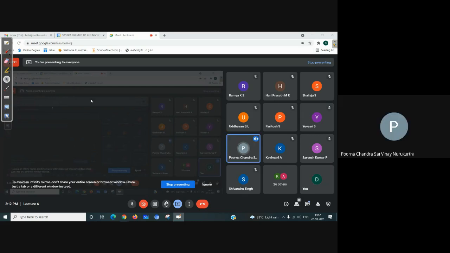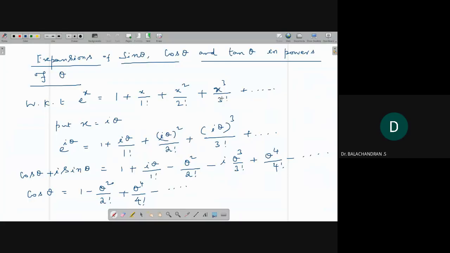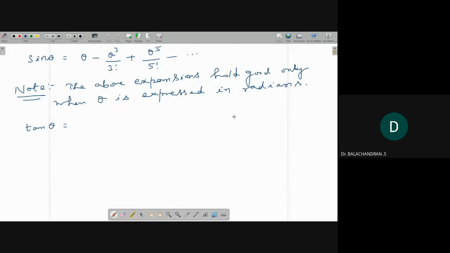64 x power 7 minus 64. Please wait, not x power 7, x power 6. Sir, we have to take sin 7 theta by sin theta.